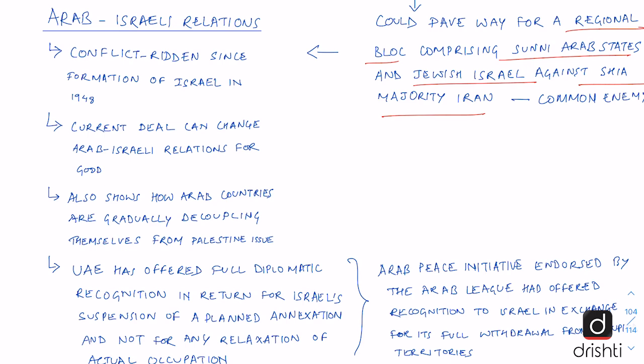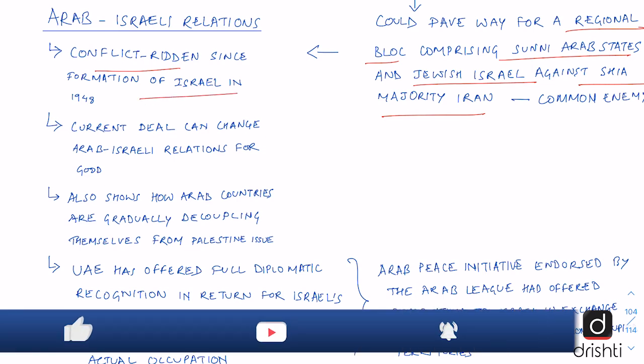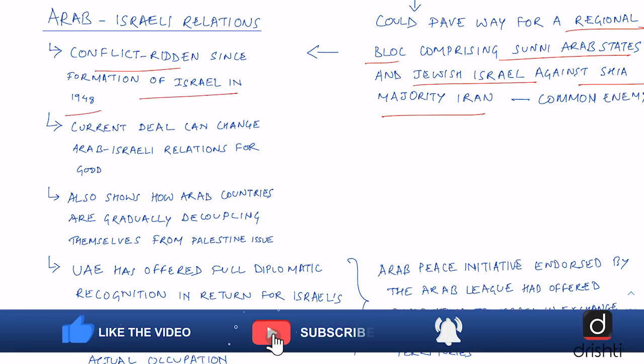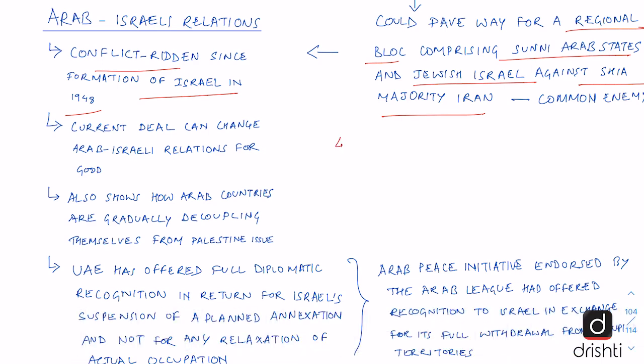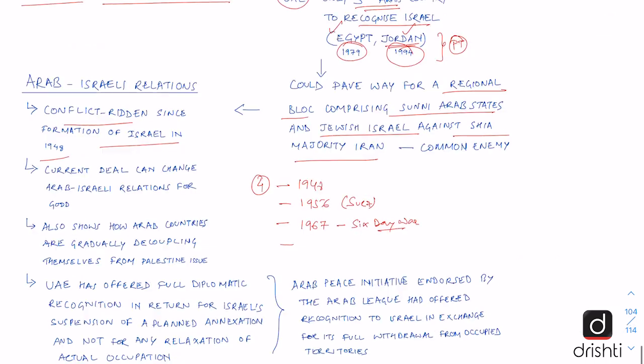And if you look at the Arab-Israeli relations, they have been conflict-ridden since the formation of Israel in 1948. In fact, the Arabs and Israel have fought 4 major wars, one in 1948, the other in 1956 over the Suez Crisis, the third one in 1967, which is also known as the Six-Day War, in which Israel occupied many territories, and in 1973, the Yom Kippur War.